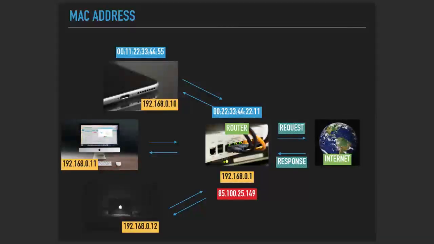We have these devices in our home like phones and MacBooks or computers, and we have a router which connects us to the internet by sending requests and getting some responses, like we do when we ping google.com.